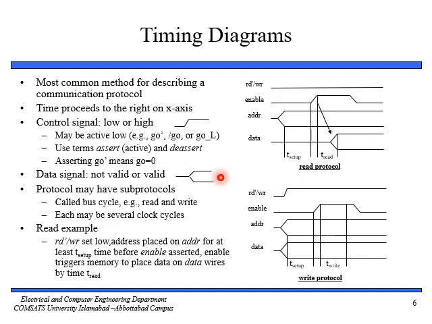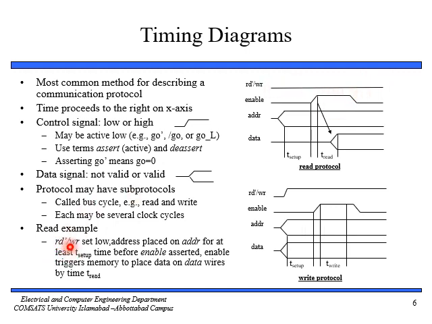Here in the read example, I'm going to just explain the read example, and the write protocol is exactly the same as the read protocol. For read bar, this signal is going to be 0 throughout the reading process.